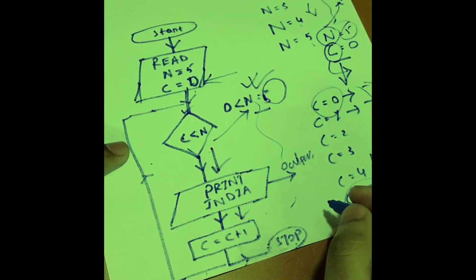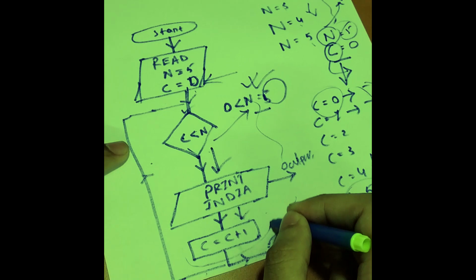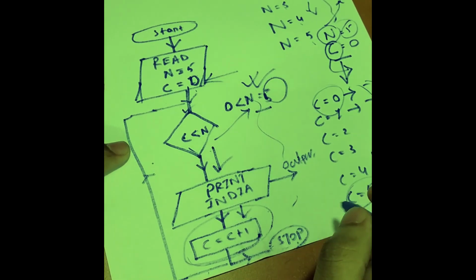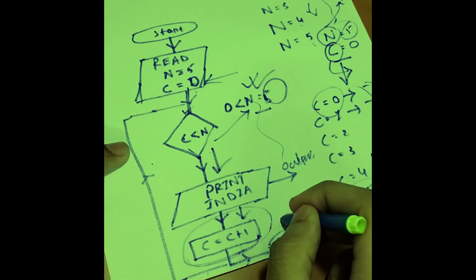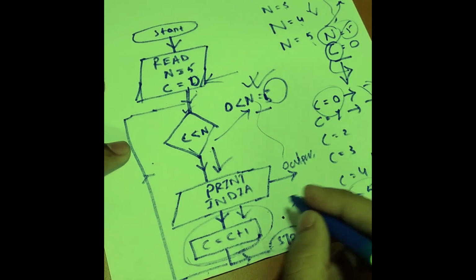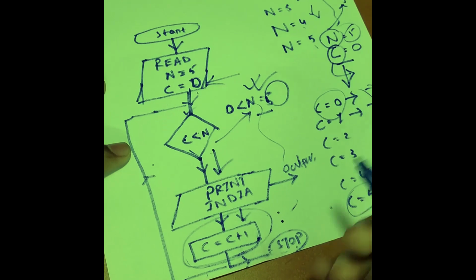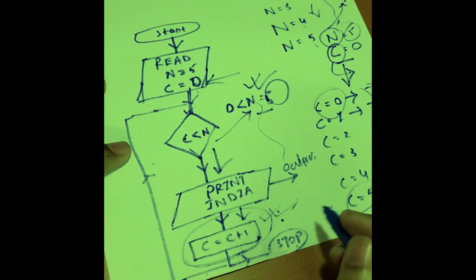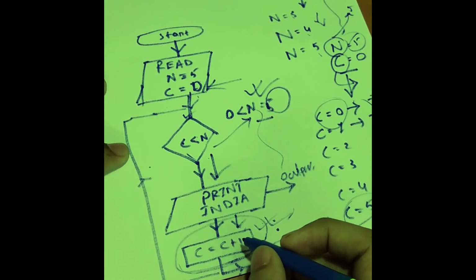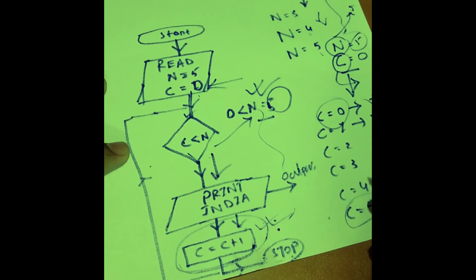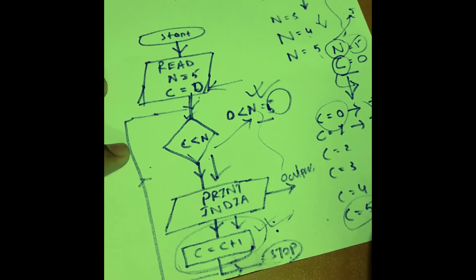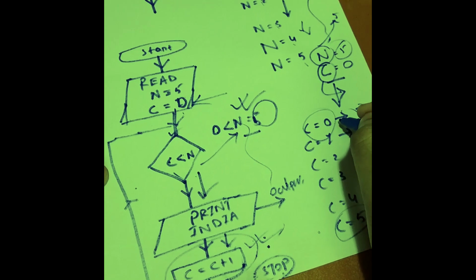Then what happens? This is the main thing. This is the thing that is making the loop run. India is printing only because of this function. What is happening? C is incrementing. First time when India was printed, C is 0.